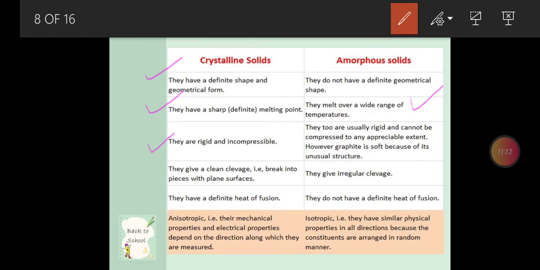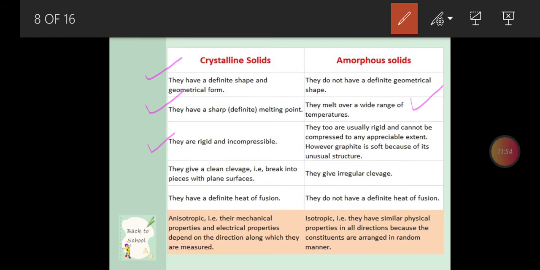Crystalline solids have a definite heat of fusion. Amorphous solids do not have a definite heat of fusion. This is because crystalline solids have a well-defined arrangement of particles, so a definite amount of heat is involved to overcome all the intermolecular forces, whereas amorphous solids do not have a well-defined arrangement or pattern, and do not have constant intermolecular forces, so they do not have a definite heat of fusion.